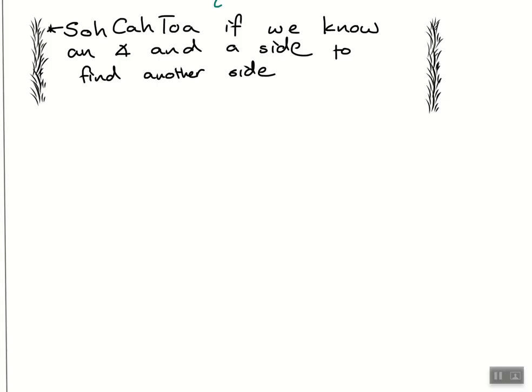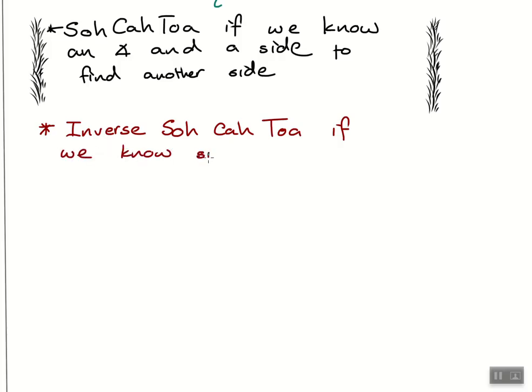Now, when we flip it, would you rather I say inverse SOHCAHTOA or arc SOHCAHTOA? Inverse SOHCAHTOA, I'm good with that. Inverse SOHCAHTOA. We use that if we know two sides, to find, and what does our arc function spit out at us?